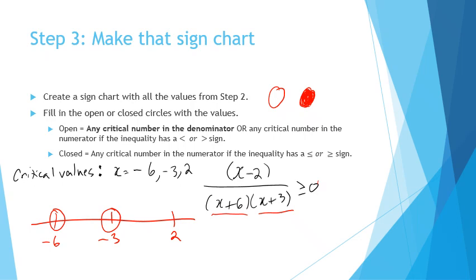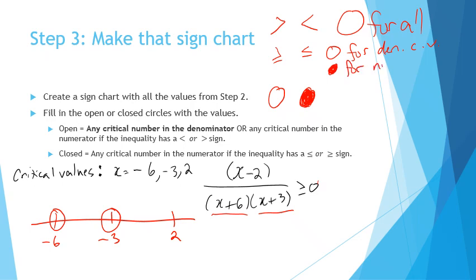Then if we have a less than or a greater than inequality sign, everything in the numerator and denominator will be open circles. So open circles for all the critical values. If you have a less than or equal to or a greater than or equal to sign, it's going to be open circles for your denominator critical values, and then it will be closed circles for your numerator critical values.